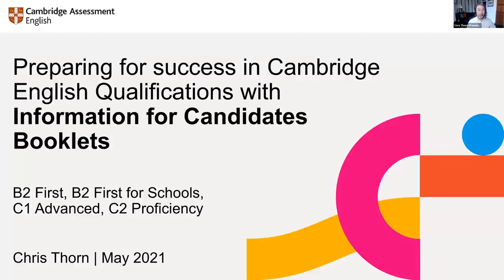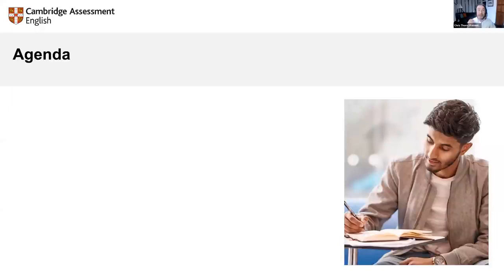Okay, we've got so much to cover, so let's get straight into it. Today we're going to be looking at how we can use some ideas from the candidate information booklets to really support our learners on preparation courses. We're going to do that by looking at three main questions.